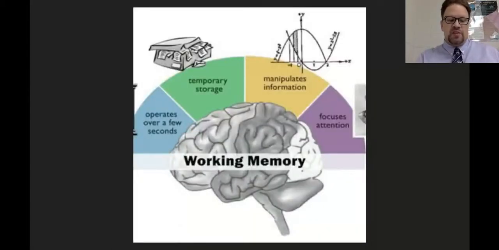Now, the second stage of memory is called working memory, or WM for short, which preserves recently perceived events or experiences for less than a minute without rehearsal. Now, the term working memory is often interchangeable with the term short-term memory. But short-term memory just implies that you have information that's stored for a short period of time, which does describe working memory at some level.